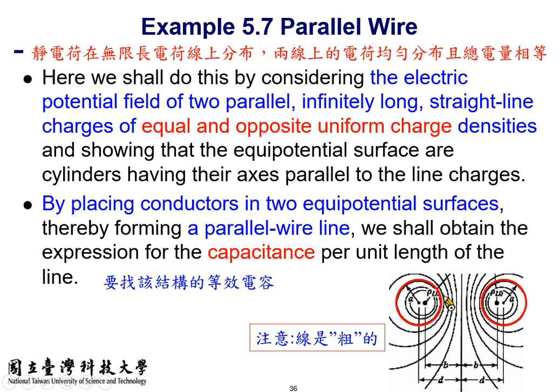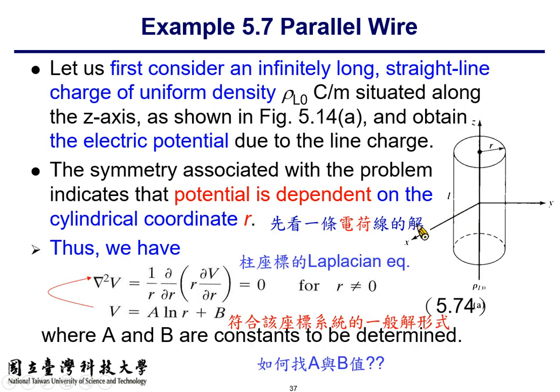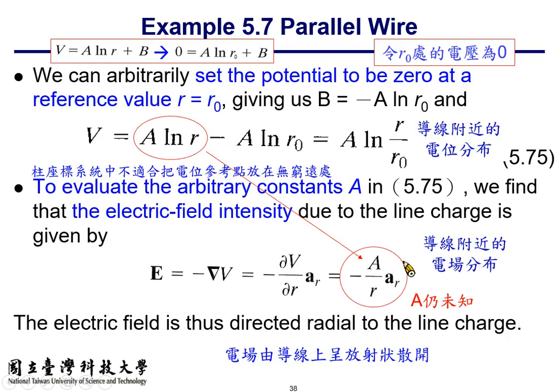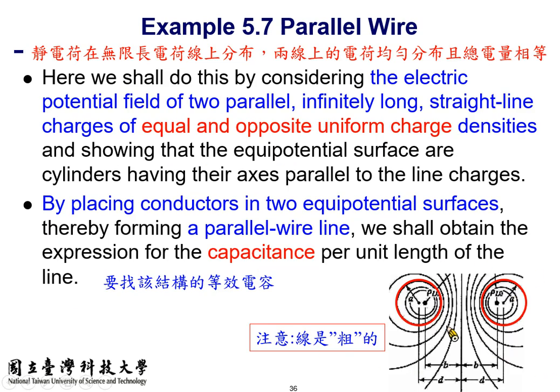And D is the distance from the center of the wire to the middle between the two wires. So here is only the geometry. D is the distance between the center and the middle of the two wires.